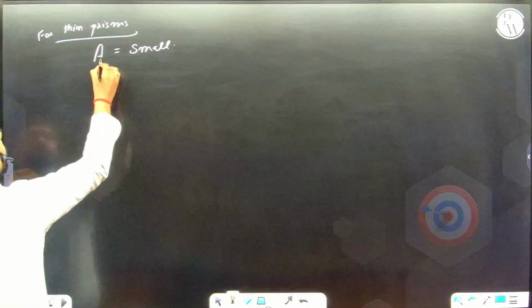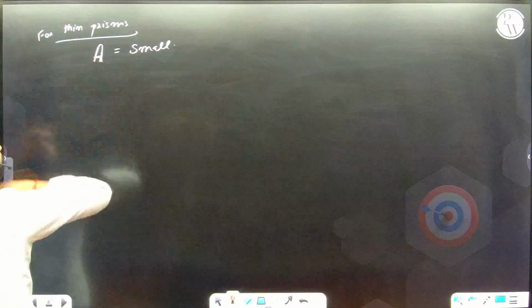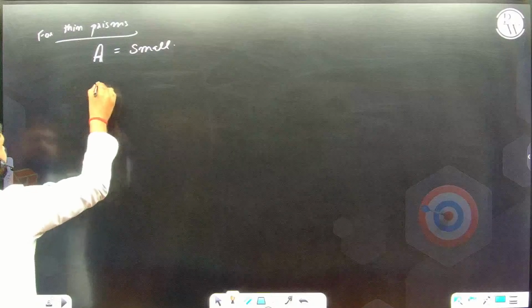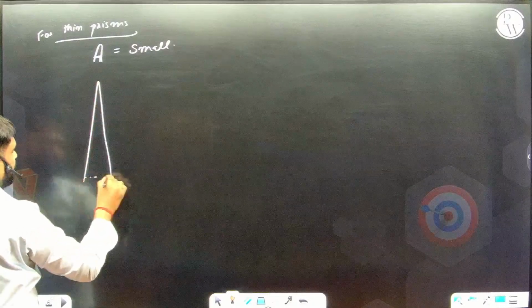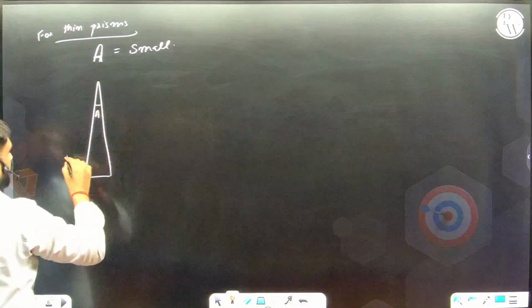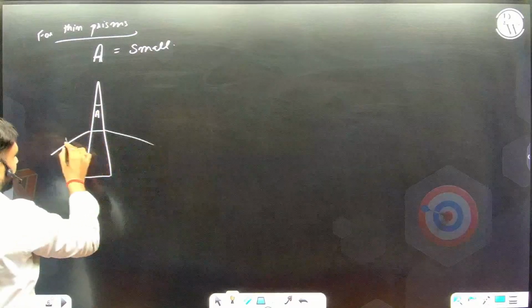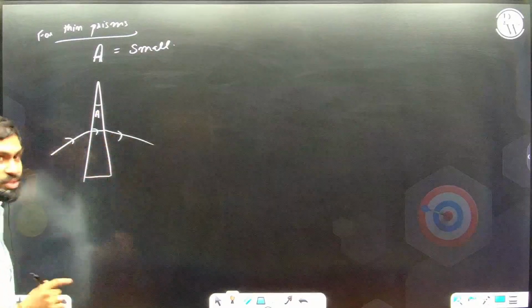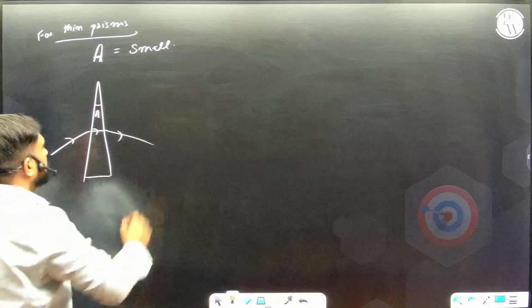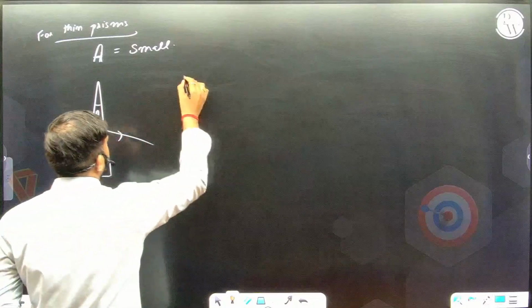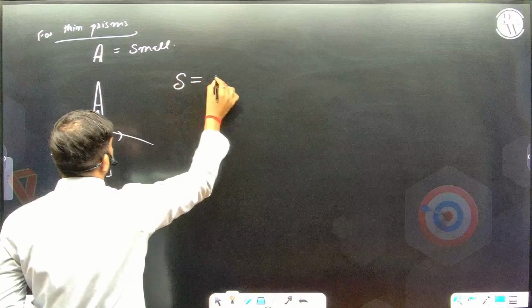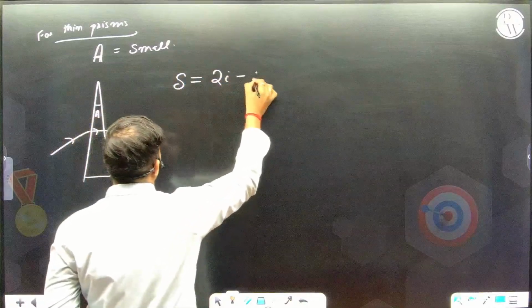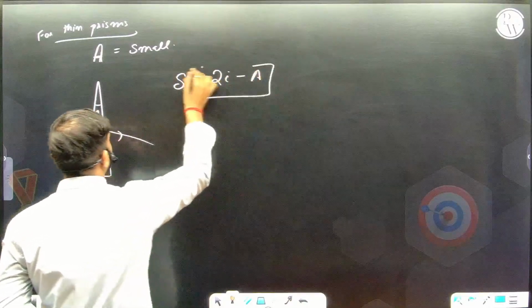How small? It's lesser than about 10 degrees. So if angle A is small, my prism will be very small. So whatever angle of deviation the ray will suffer, I'll consider it small, so it will be minimum only. So all angles will be small, and delta will be 2I minus A in general.